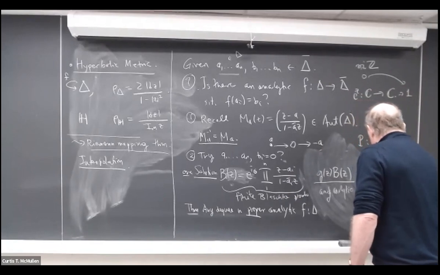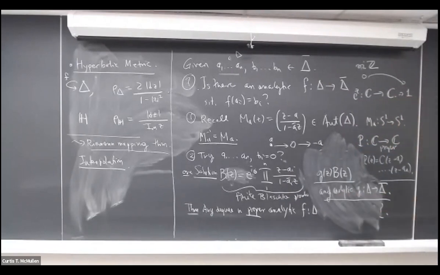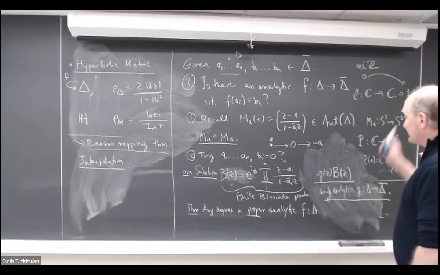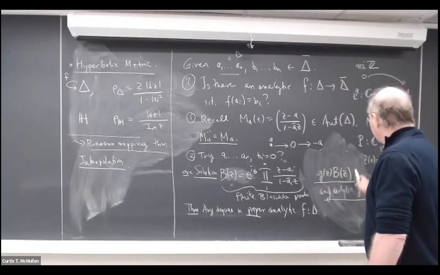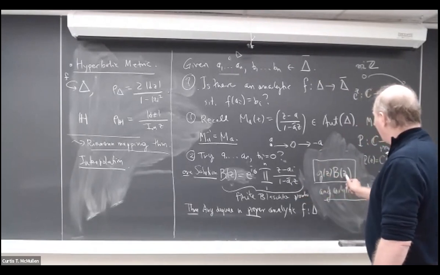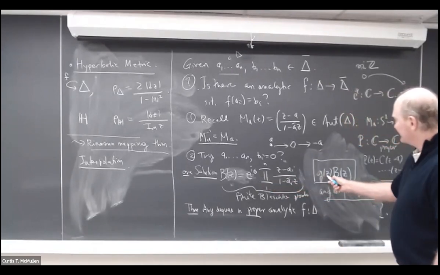So here, I can take any analytic g from the disk to D bar. And in fact, that is the only solution to this interpolation problem. That is, every solution has this form. I could even absorb the e to the i theta into the g of z.